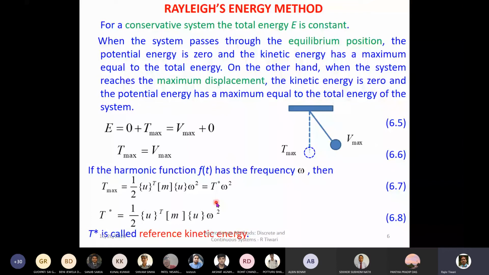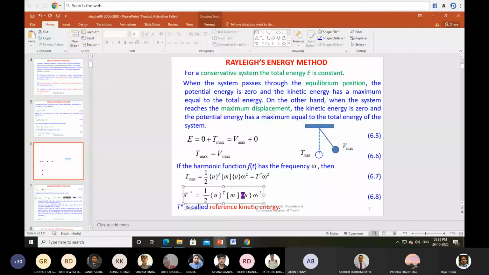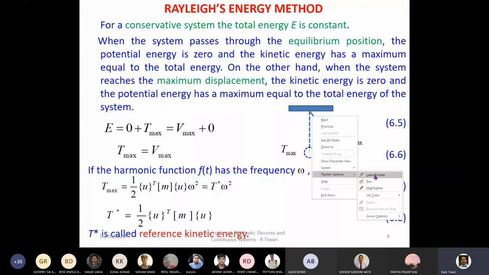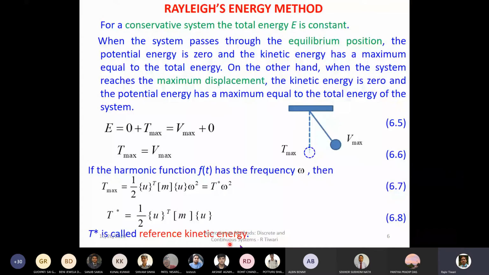And this T star is defined without the omega. So T star is some kind of a reference kinetic energy we call this.